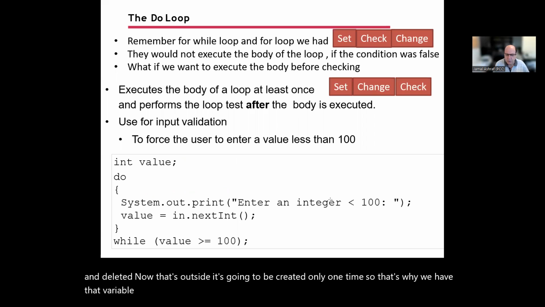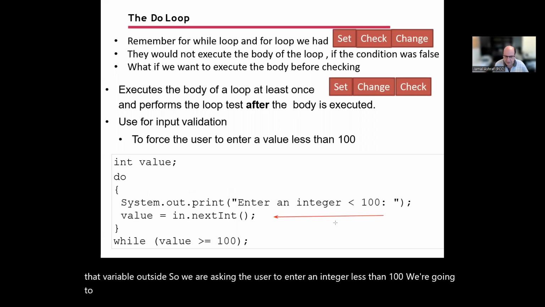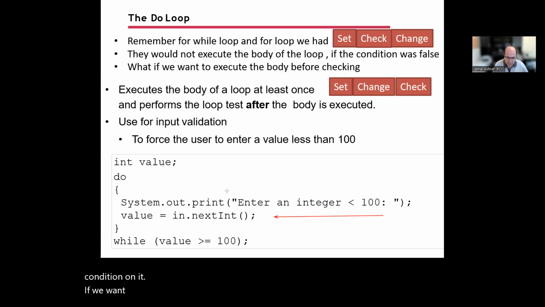So we are asking the user to enter an integer less than 100. We're going to read that integer. Now, if that integer is greater than or equal to 100, we could put more conditions on it if we want to, then we're going to stay here. We're going to keep asking the user to enter it again.